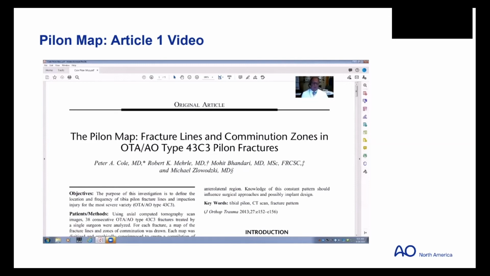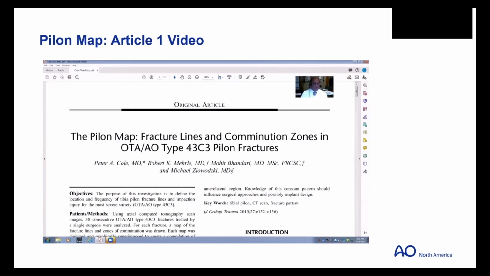A very key takeaway for the project is that it tells you how injured the apex of the plafond becomes, because that central corridor from the fibular incisura to the medial angle is where the worst comminution occurs, right in the dome.